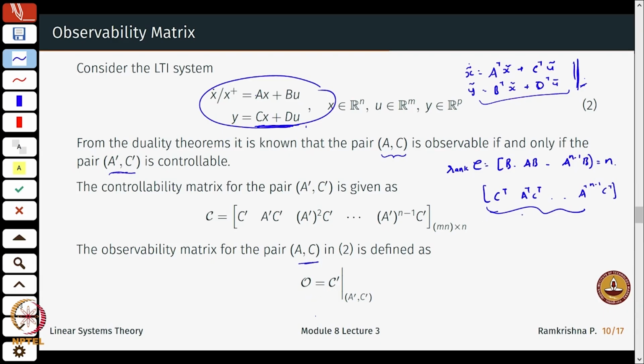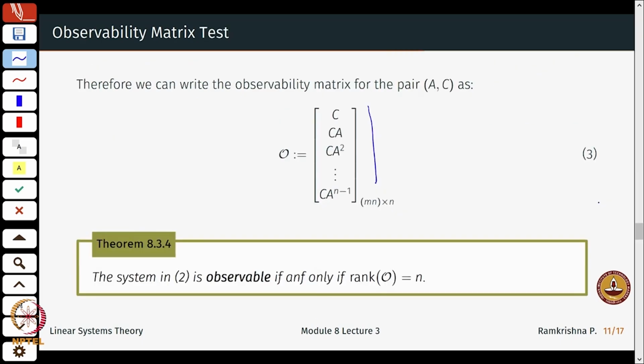So, if you just look at the definition over here, or the way we derived the observability matrix here. Okay. So, the observability matrix is now defined in this way: C, CA, CA squared, and so on. Okay. And then the system is observable if and only if the rank of the observability matrix is n.